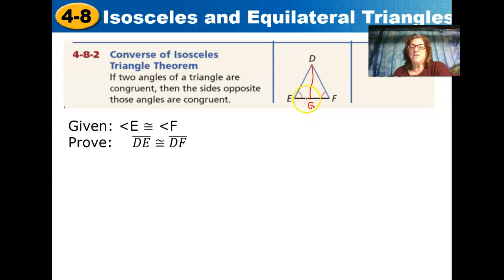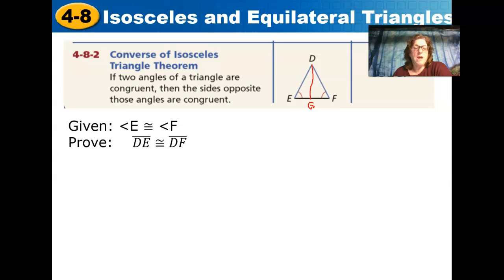Next step, DG is congruent to DG by reflexive. The two triangles are congruent by AAS. And then that gives me that line segment DE is congruent to line segment DF by CPCTC.